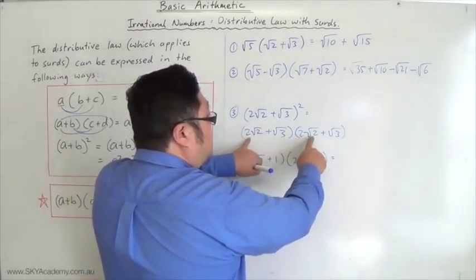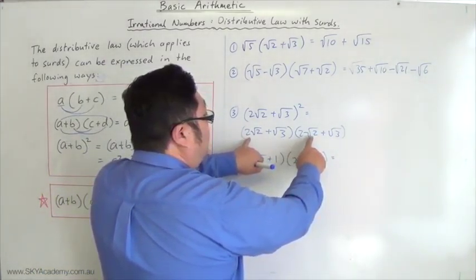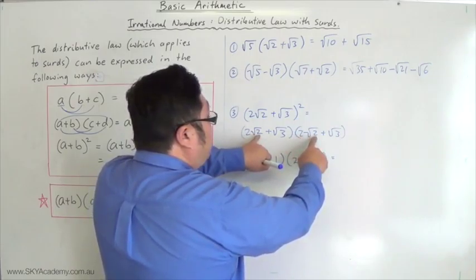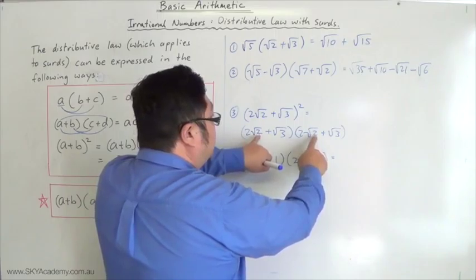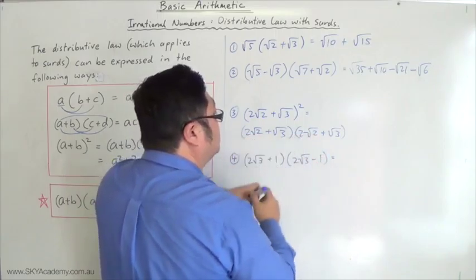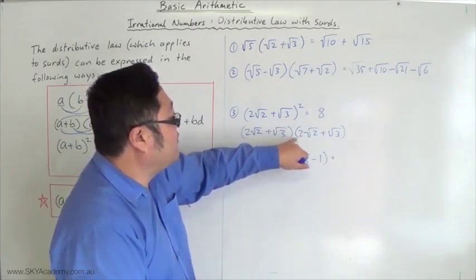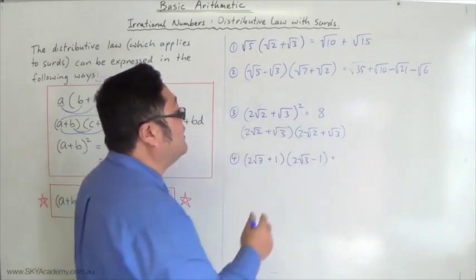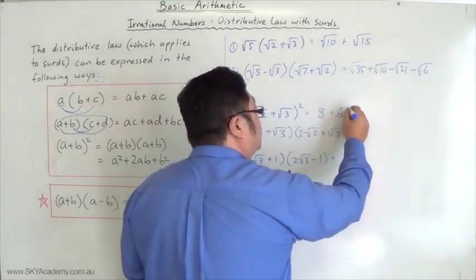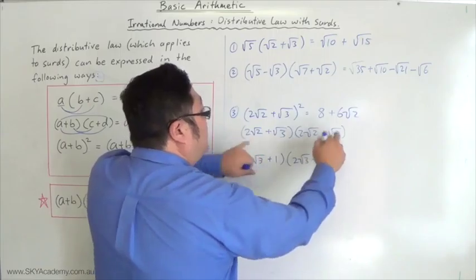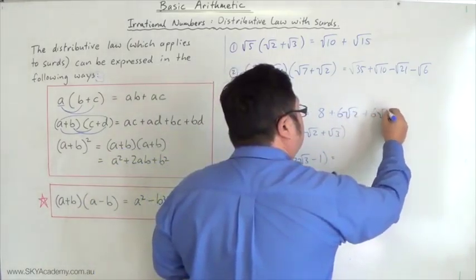2 root 2 times 2 root 2. 2 times 2 is 4. The square root of 2 times the square root of 2 is another 2. So 4 times 2 is 8. The outside two, root 3 times 2 root 2, is 6 root 2. The inside two, 2 root 2 times root 3, is another 6 root 2.